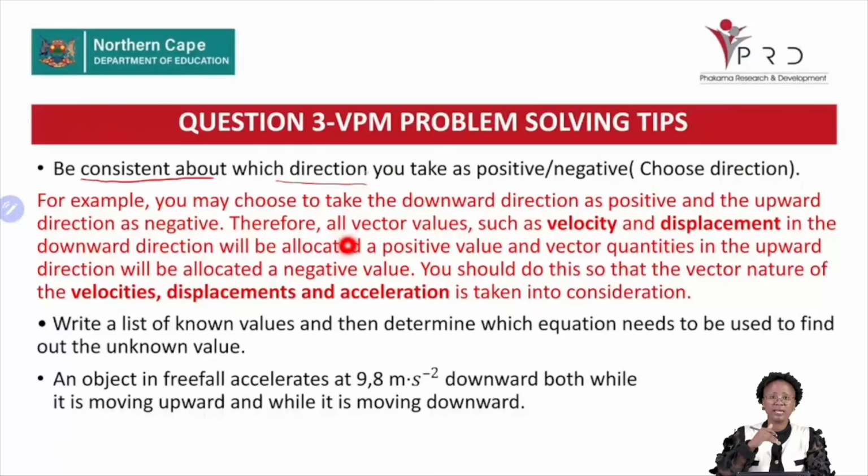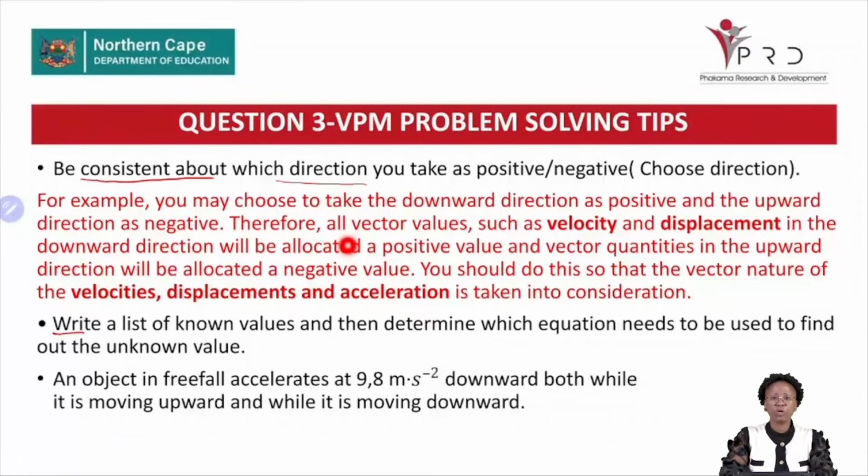You're going to use downwards as positive, meaning any variable that will be going downwards will be positive. All right, very much important. Or if you have chosen vice versa, where you have taken downwards as negative, also be consistent throughout the entire question as downwards being negative. All right, I've already spoken about that.